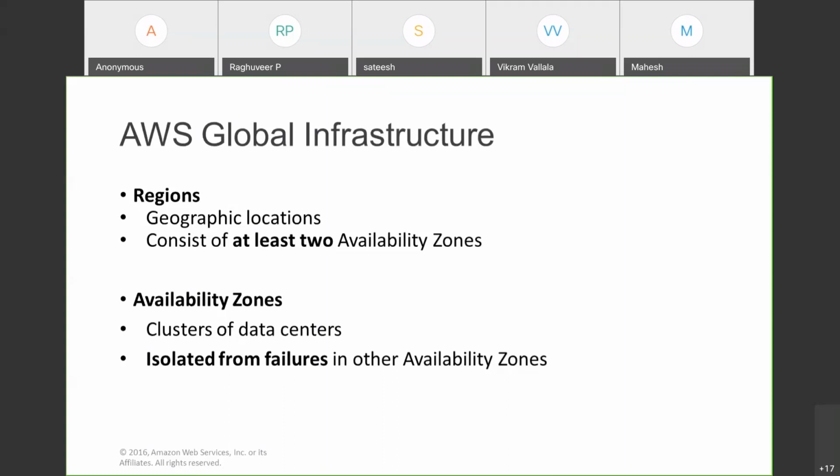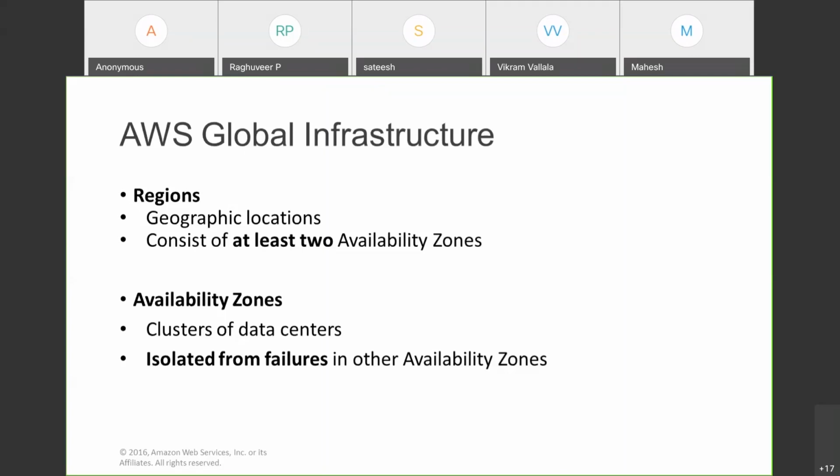Basically, we call them cluster data centers. So why have they set up multiple availability zones in one region? One reason is isolation from failures. If any one of the availability zones goes down, the other will serve the business, and similarly, vice versa.